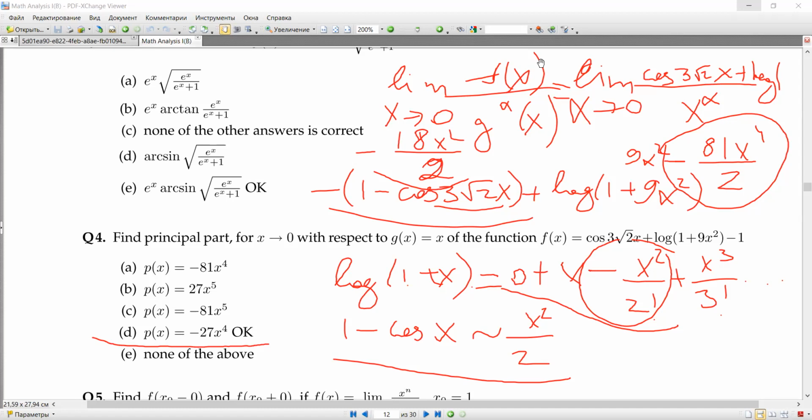And x squared over 2, it should be 18: 3 square root of 2, squared, it will be 9 times 2, 18 over 2. All of them are correct. Maybe there is some mistake in the version, I don't know. So we need to check it one more time. But this one is correct. So here alpha is 4 and the L here is minus 81 over 2.